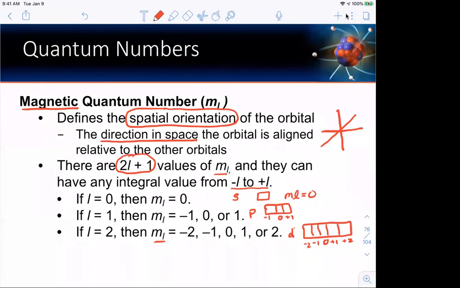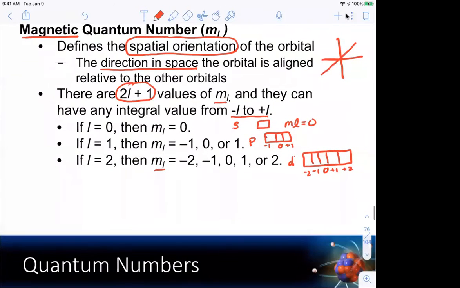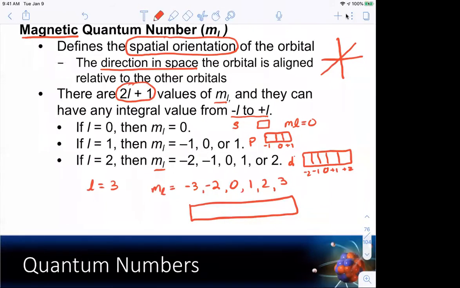So there's 5 different possibilities for that m sub L. When I go to L equals 3, then m sub L is going to be -3, -2, -1, 0, 1, 2, or 3. I have 7 choices because there are 7 f orbitals. 1, 2, 3, 4, 5, 6, 7. The central one is always 0. Then I count up.